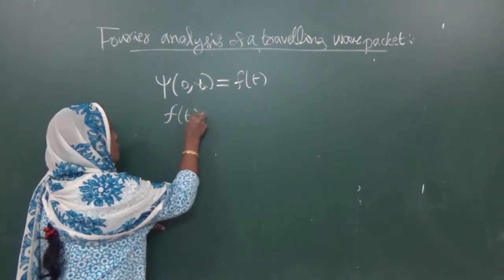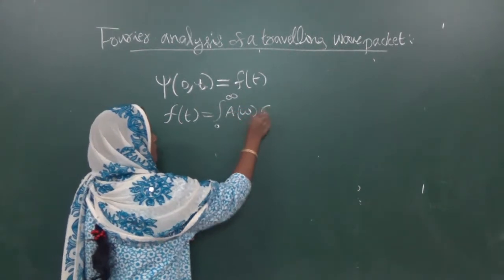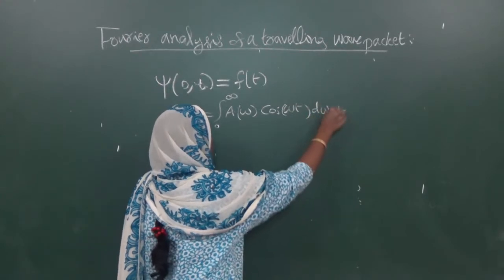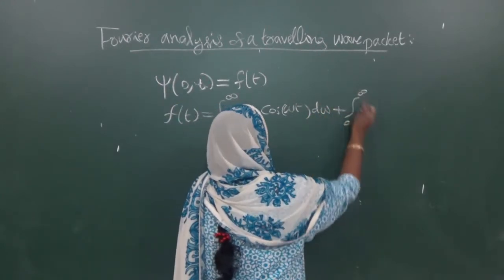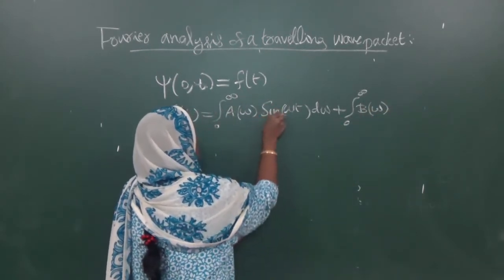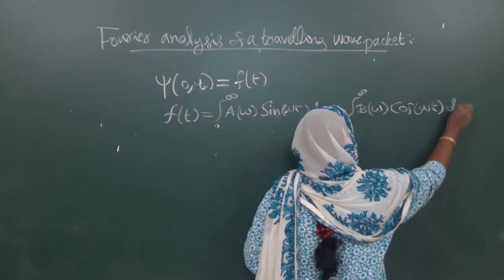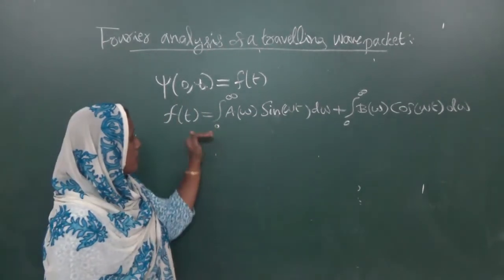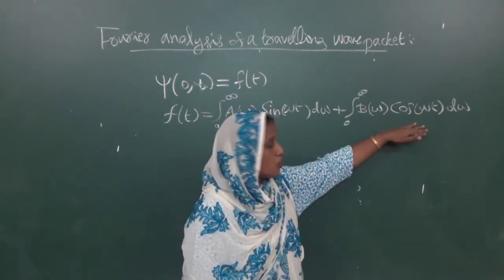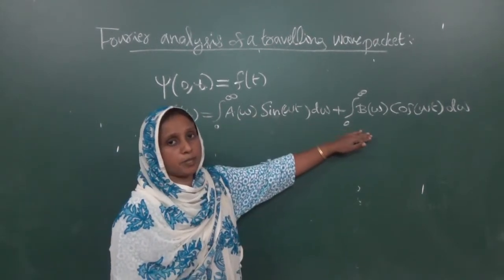That means f(t) equals the integral from 0 to infinity of A(ω) cos ωt dω plus the integral from 0 to infinity of B(ω) sin ωt dω. So f(t) is a series of sin ωt and a series of cos ωt, a continuous superposition of harmonics.